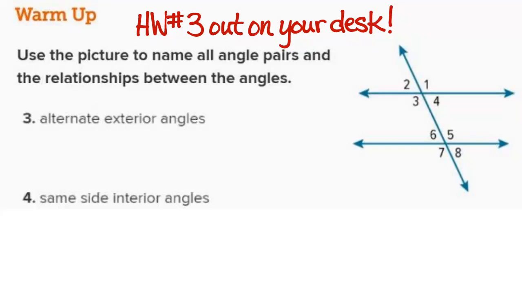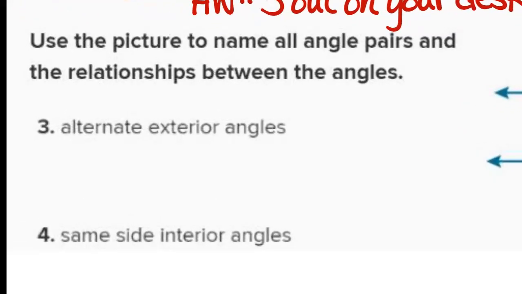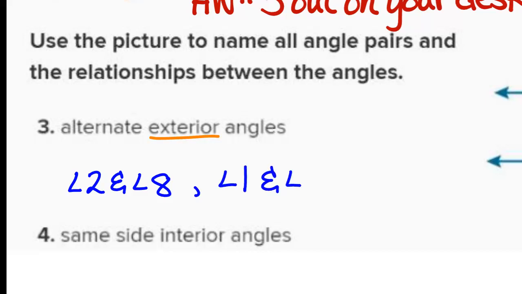All right, so on the warm-up today, we wanted to name alternate exterior angles. Who can give me a pair of alternate exterior angles? I heard 2 and which one? 2 and 8, and 1 and 7. Angle 2 and angle 8, angle 1 and angle 7.